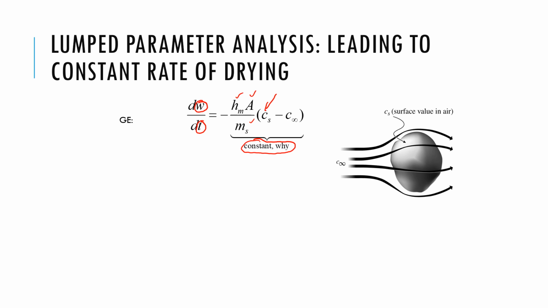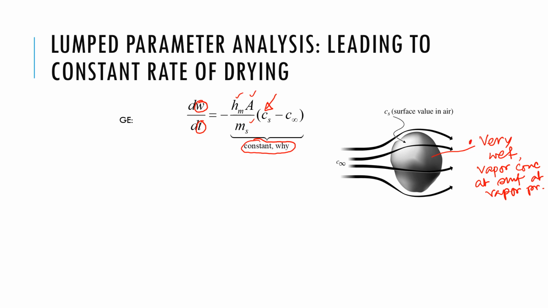But this Cs has to be constant, and one of the ways that Cs can be constant is if it is very wet. If it is very wet, then the vapor concentration at the surface is the same as at vapor pressure. Okay, so the vapor pressure depends on temperature, right?